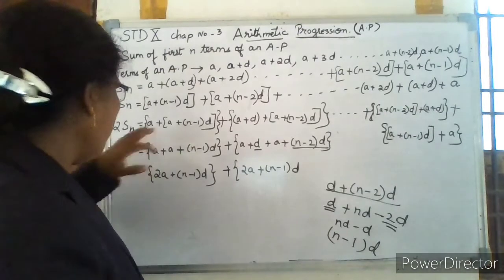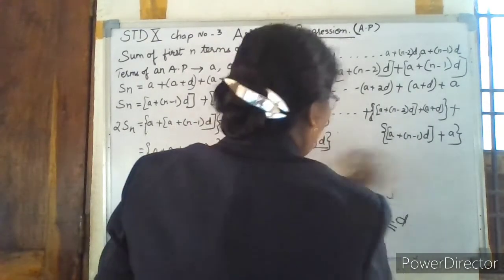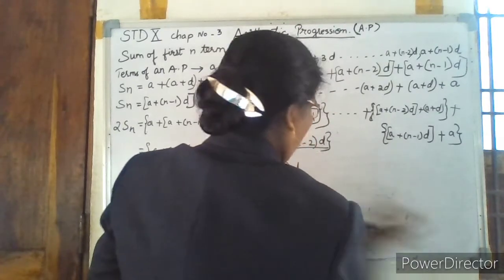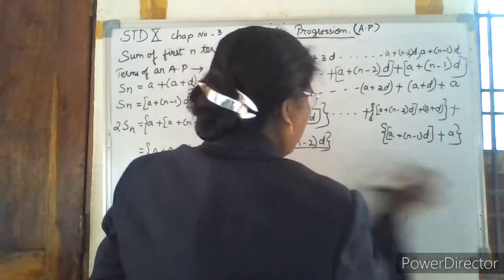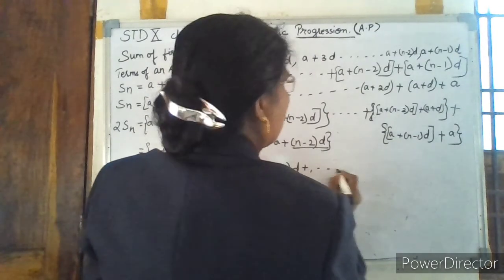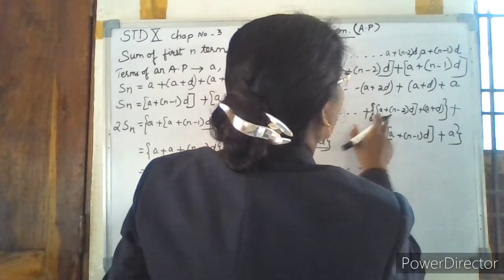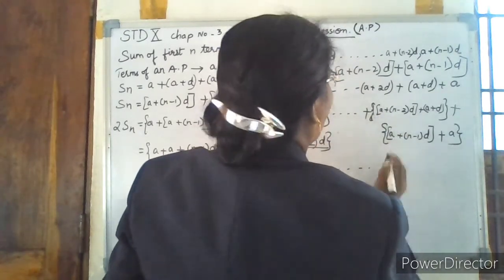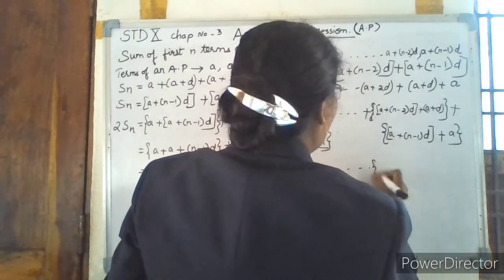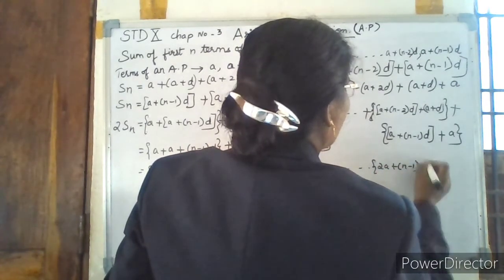Similarly here also we will get the same thing. Plus here also we will get the same thing. This plus this, we are going to get 2a plus n minus 1 into d, in this way.